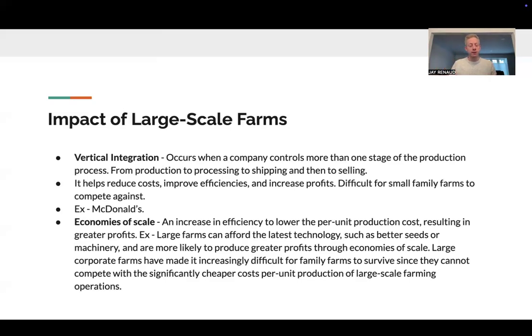If you go to Costco, you're going to get a year supply of toilet paper, and per unit of toilet paper, the cost is really low because they sell it in bulk. So that's economies of scale. The other example you could think of is a fast food chain can sell their food at a pretty cheap cost because they mass produce it. And so that's economies of scale.